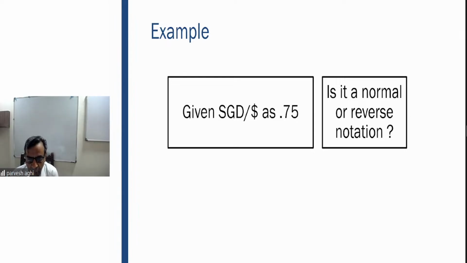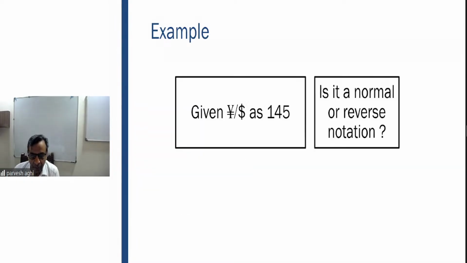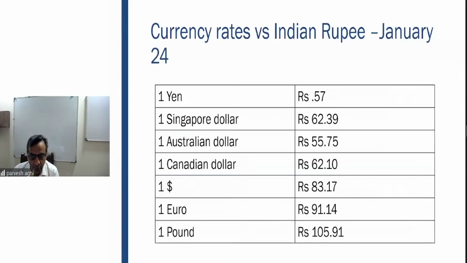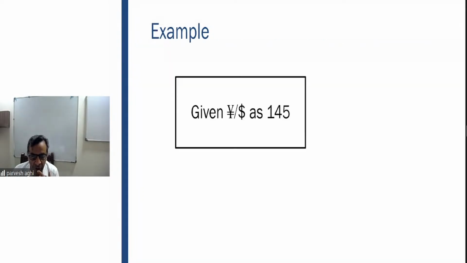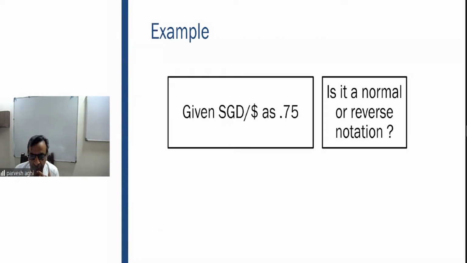Is it a normal or a reverse quotation? So let's just look here. What is the Singapore dollar? 62. And what is the dollar price in India? 83. So, the Singapore dollar is cheaper than the dollar. So that means you are going to get how much?